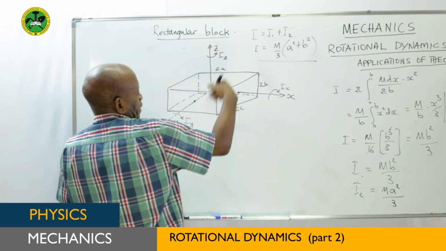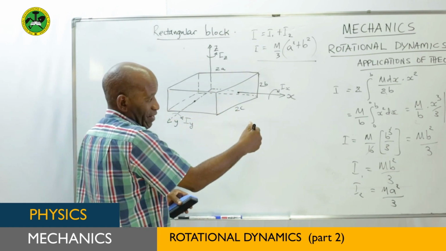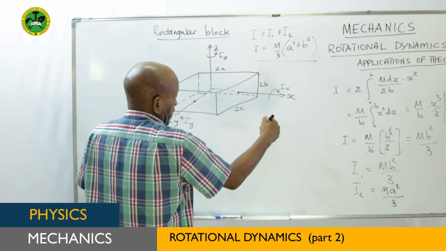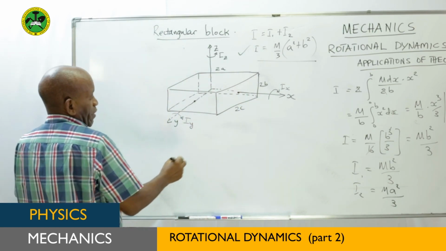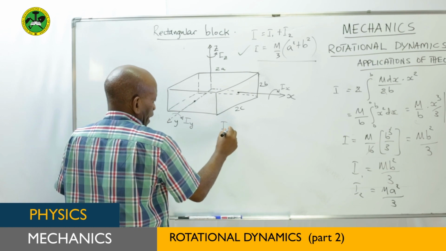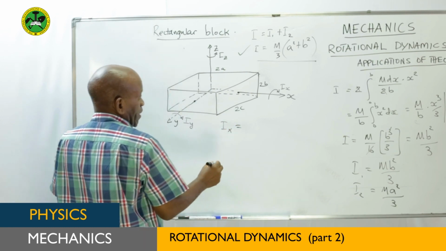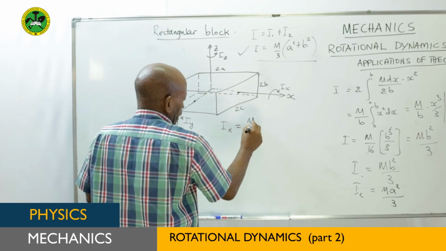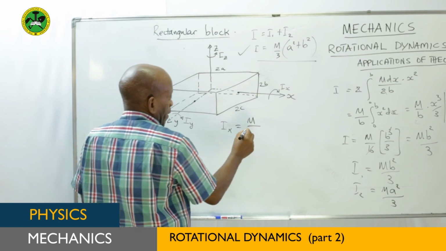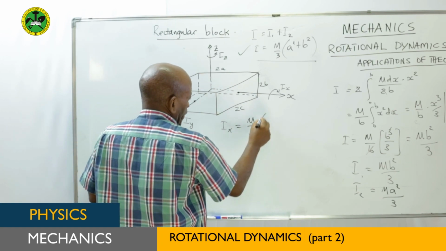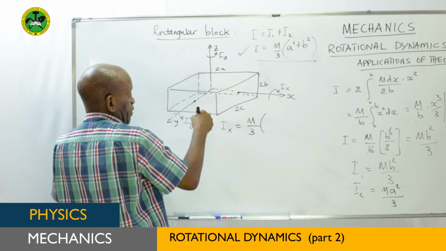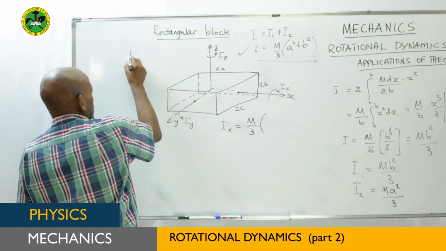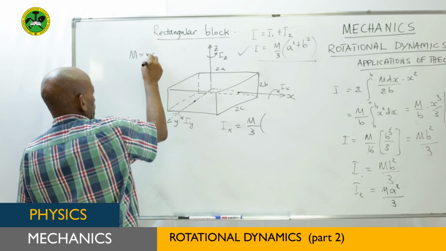And whenever you rotate about that particular axis, we'll be able to produce an expression very similar to that one, such that the moment of inertia about the x-axis will be equal to m over 3, m being the mass of that particular block.